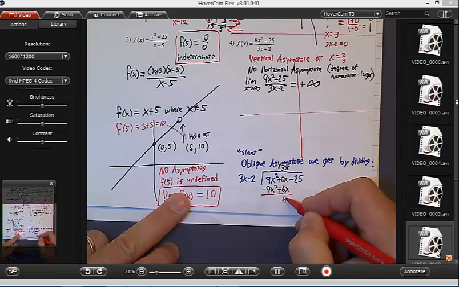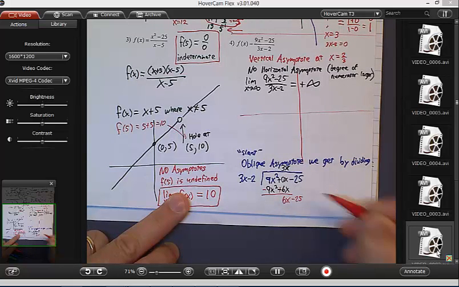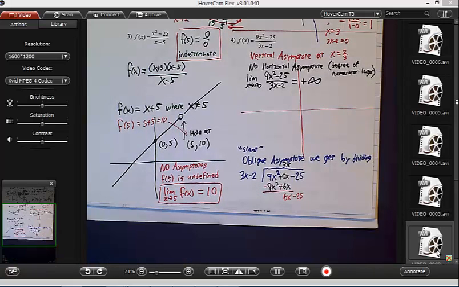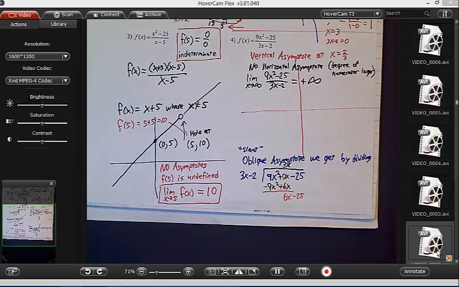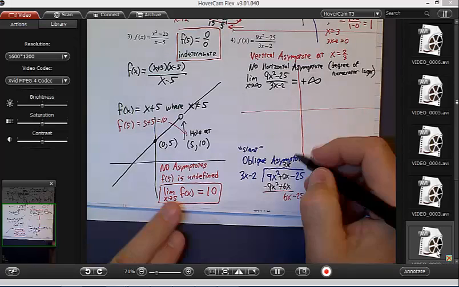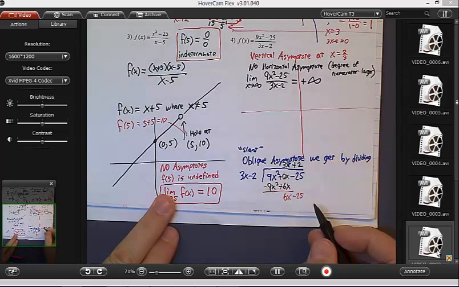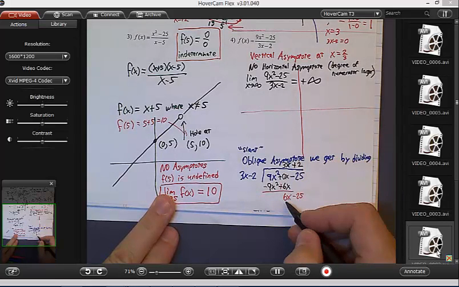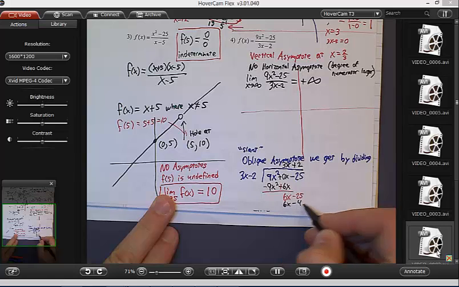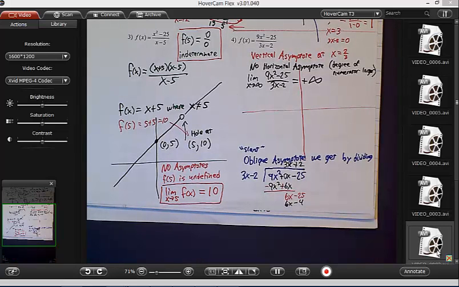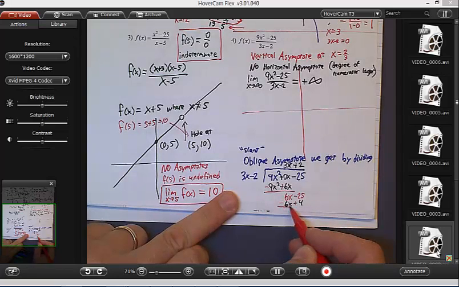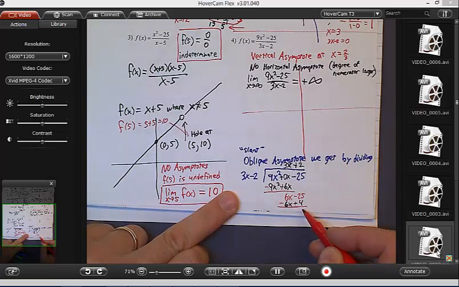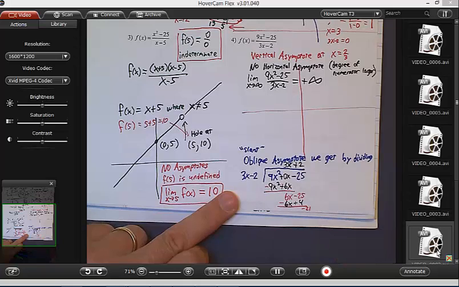I get 6x minus 25 is my remainder. Okay? And now I say, what times 3x would give me 6x? 2. So I'll write plus 2 here. And 2 times 3x minus 2 is 6x minus 4. When I draw my line, I change my signs. Negative 25 plus 4 is negative 21.